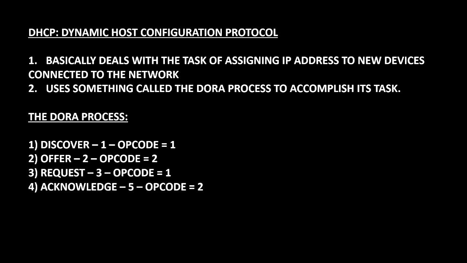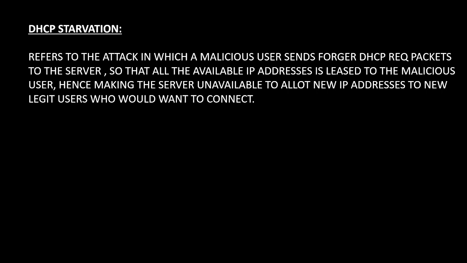He first requests .1, then when he gets an acknowledgement frame from the server that the .1 IP address has been leased to him, he then requests .2, and keeps repeating that until .255. Then all the available addresses are allotted to one malicious user. So now let's say you want to connect to this network. There is no available unique IP address for you. This is where the attack happens.